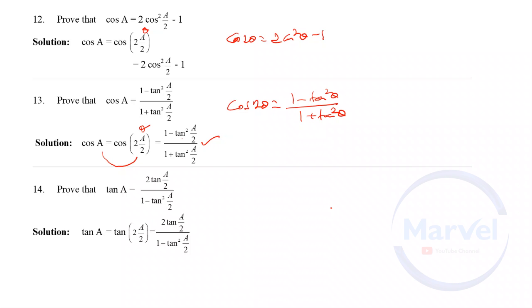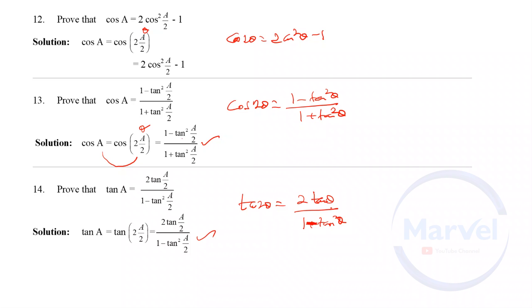And the last formula, tan of the submultiple angle. What is the tan 2 theta formula? Tan 2 theta equal to 2 tan theta by 1 minus tan square theta. Sorry, here it is minus. So tan a equals 2 tan a by 2 by 1 minus tan square a by 2.